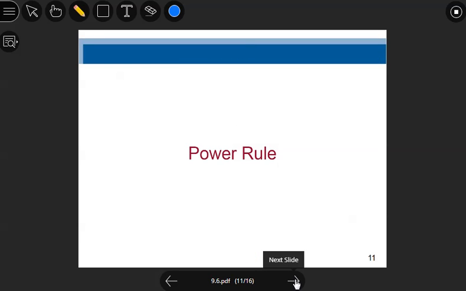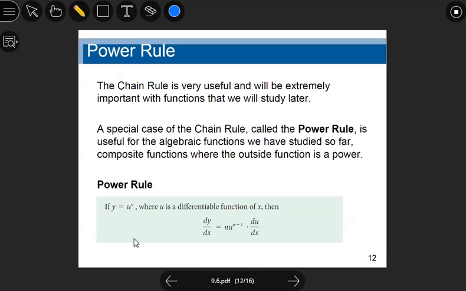So now I am going to discuss the power rule. If y is of the type u to the power n, where u is a differentiable function of x, then dy/dx is equal to dy/du. First I use the chain rule, then according to the chain rule, du/dx.